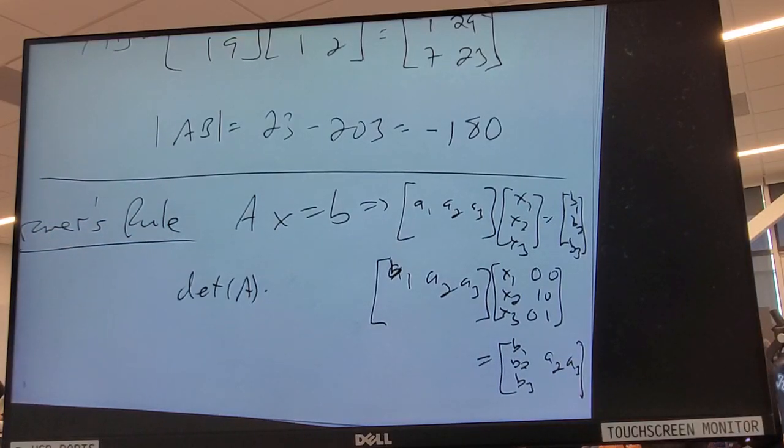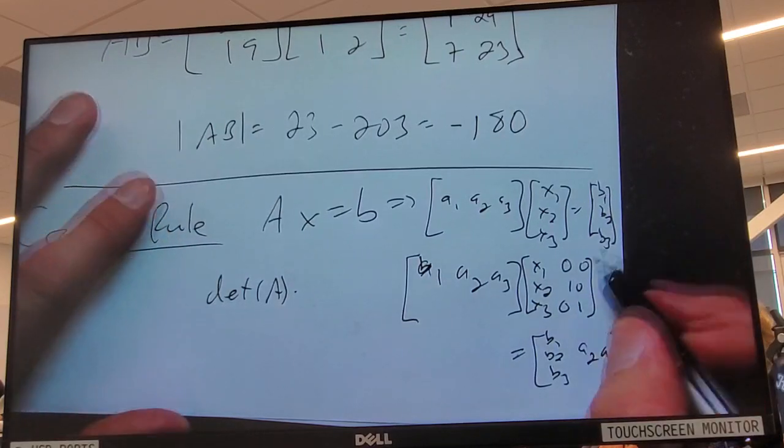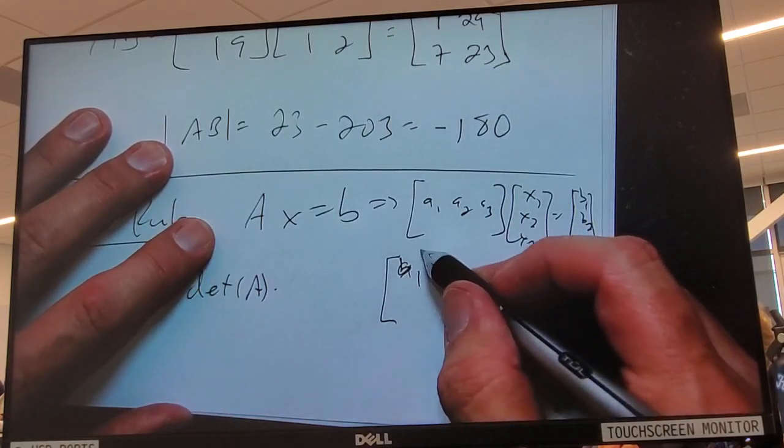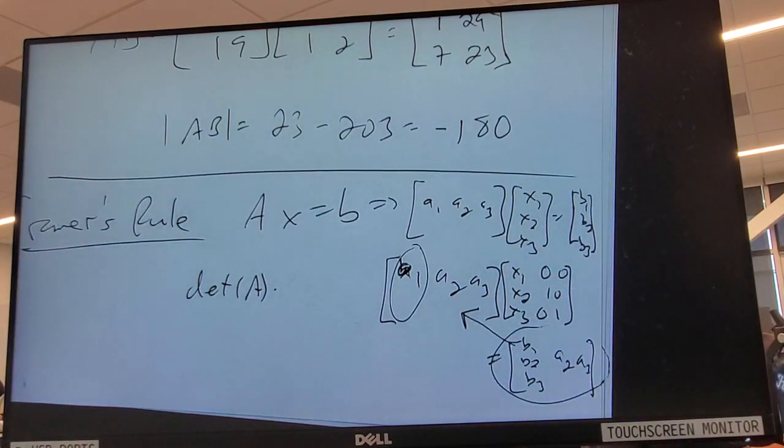So what I get here is this matrix replacing the first one with the B vector.